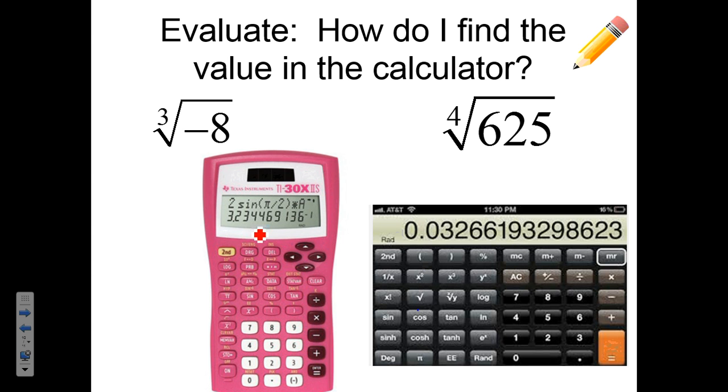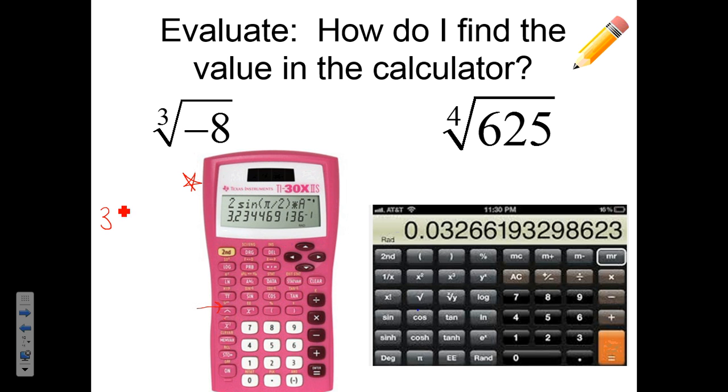So if I were going to put this in my calculator and I were using the TI-80 or any kind of TIs, this 30x one, I would type in the number 3, and then it's not the square root button, but it's pretty close to the square root. Here's the squared, here's the square root button. It's the one above this caret sign right here.